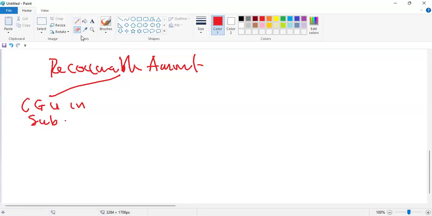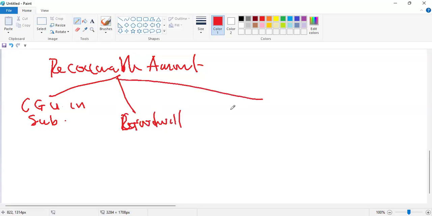They can also give me the recoverable amount of the goodwill. They can also give me the recoverable amount of the subsidiary. These are the 3 ways recoverable amount is given to test for impairment.